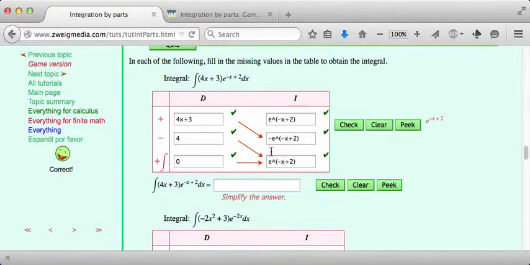Now we can write down the answer. The answer is equal to this times this minus this times that. And there's nothing to integrate going across. So the answer would be, just type it in the long way, 4x plus 3 times e to the negative x plus 2, which I copied. Notice it's appearing here as I type.